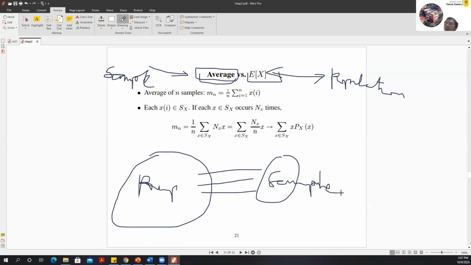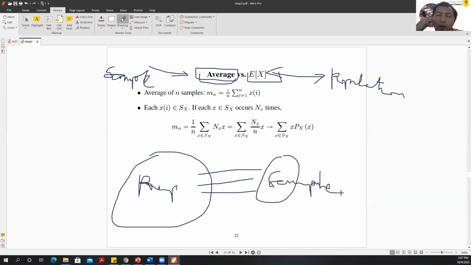Actually, the purpose of the sample is to simplify the population.